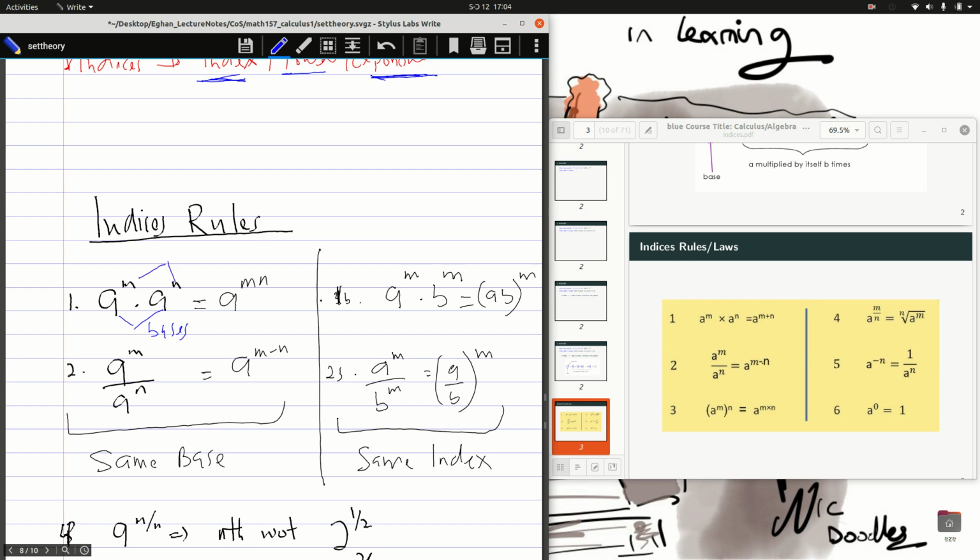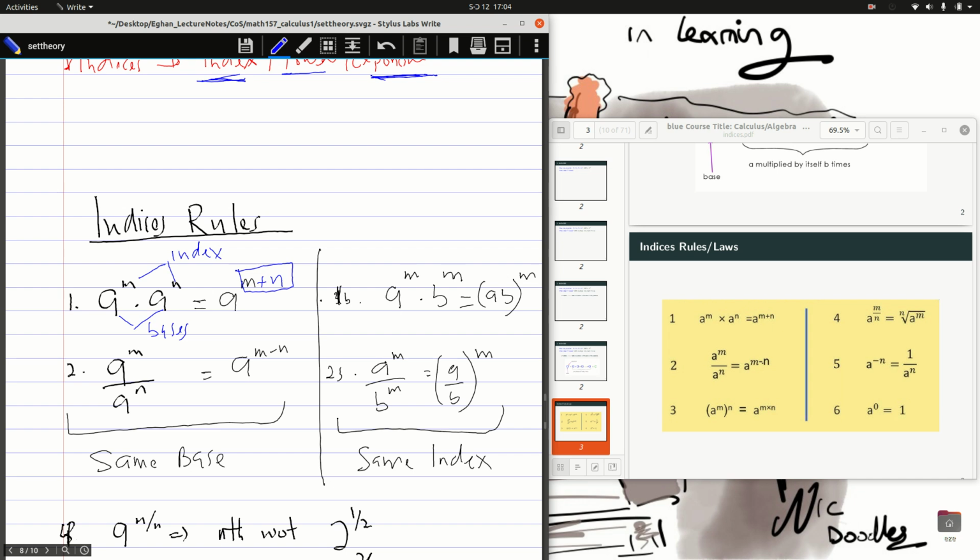M and N are the index or the power or the exponent. If you have two bases multiplying and they are the same, you simply take one of the base because they are the same, and then you add the exponent or the index. That is the interesting thing here.